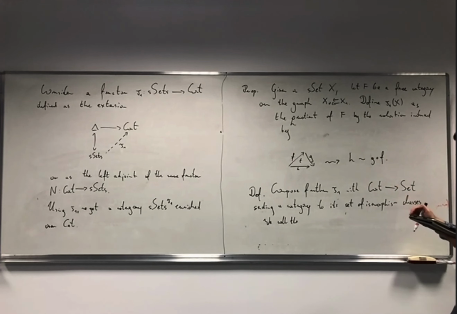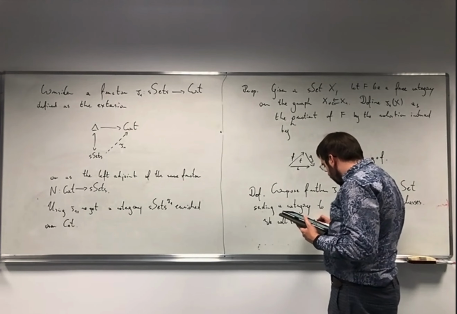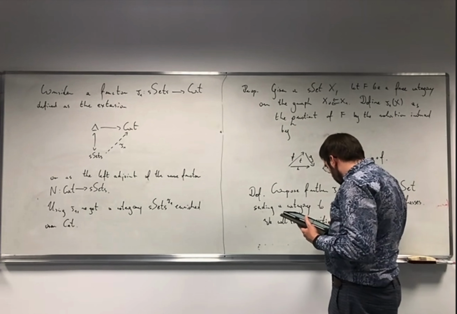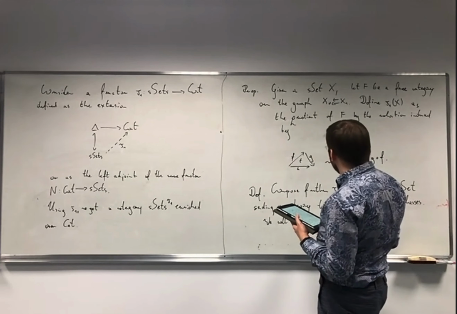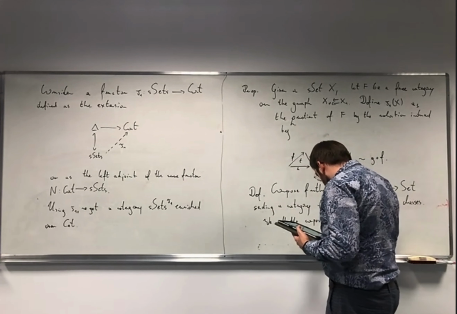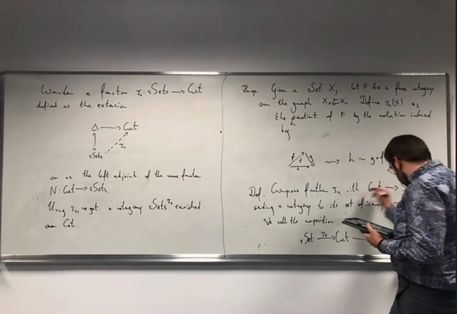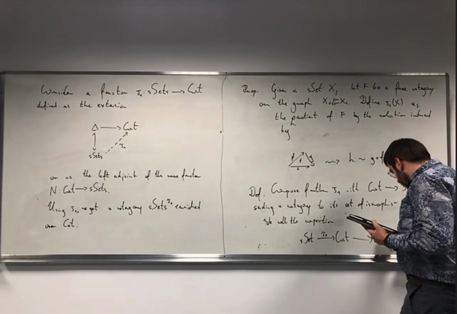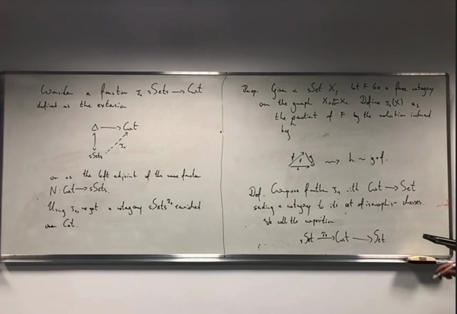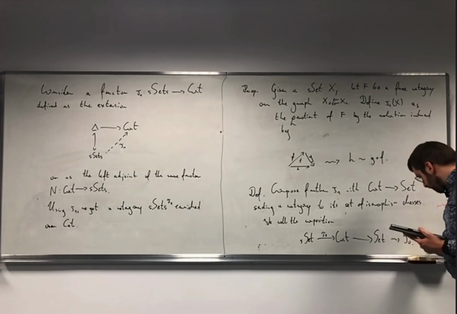Okay. Yes. So we call the composition: we start from simplicial sets, we go by tau 1, we land in categories, then we use this functor. We'll call this tau 0.